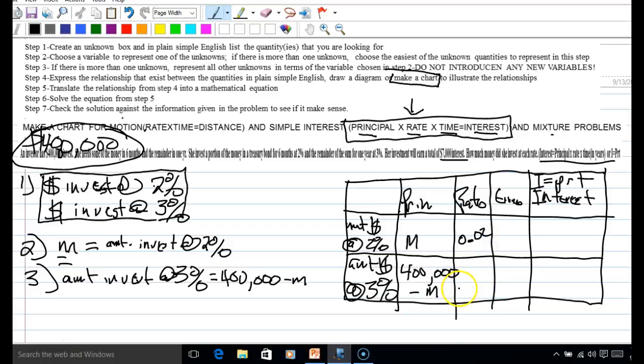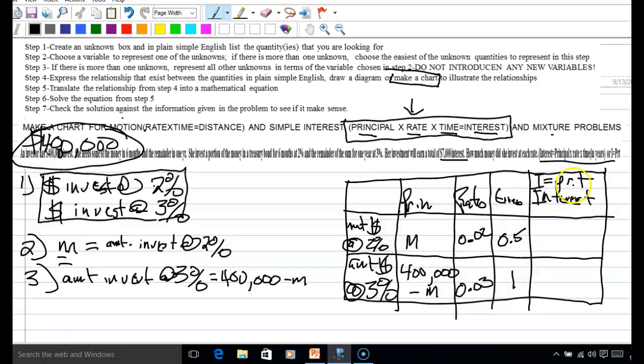She invested the remaining portion of the money at 3%, which is 0.03. The time, the amount of time that she invested the money at 2% is 6 months. 6 months is half a year, and I'm going to write that as a decimal simply because I have decimals here, so I don't want to necessarily mix decimals and fractions. And the time that she invested the remainder of the money at 3% was 1 year, so the time is 1.